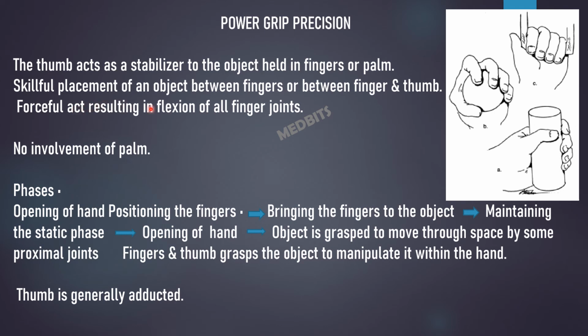In power grip, the thumb acts as a stabilizer to the object held in the fingers or palm. Precision handling is skillful placement of an object between fingers or between finger and thumb. Power grip is a forceful act resulting in flexion of all finger joints, with no involvement of the palm. Phases: opening of the hand, positioning the fingers, bringing the fingers to the object, maintaining the static phase. The object is grasped and moved through space by some proximal joints.